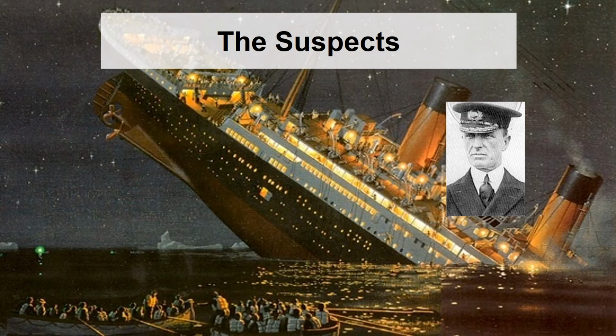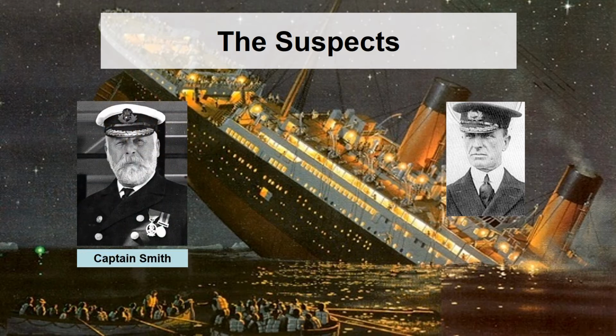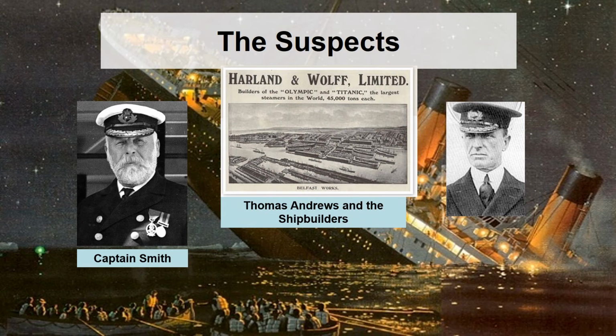Also, when you're thinking about your assessment, you need to think about the suspects. What I mean by suspects here is who was to blame for the Titanic actually sinking. The captain of the Titanic itself, Captain Smith, is one person that historians blame. You also have Thomas Andrews, who was the architect for the ship, and the shipbuilders Harland and Wolff.